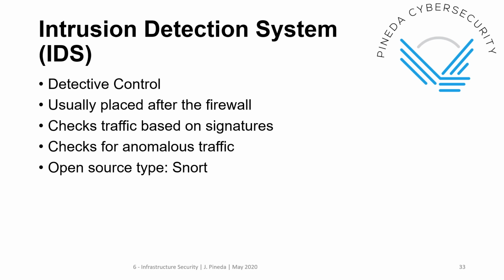Now, let's go to the second device. After the firewall, usually you have what we call an IDS or intrusion detection system. Obviously there is malicious traffic that passes through the firewall, even if you have an application firewall. Okay, if there's a script injected and passes through the network, the firewall might allow that type of traffic.